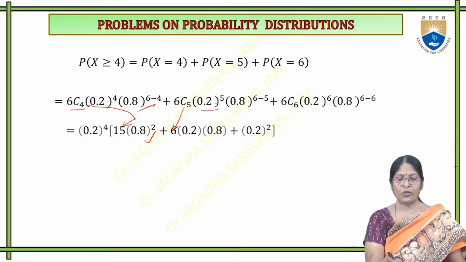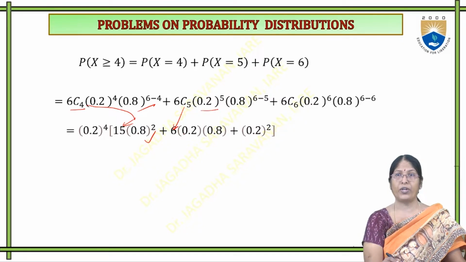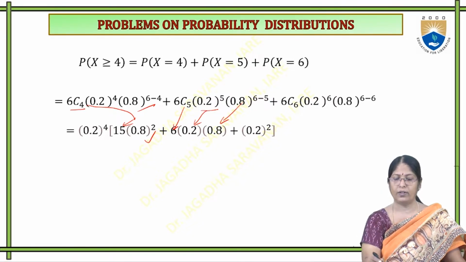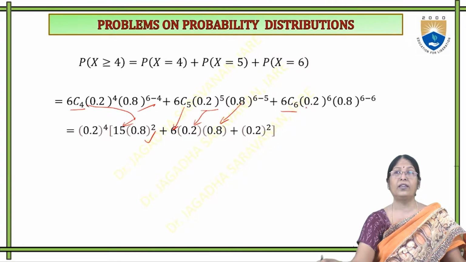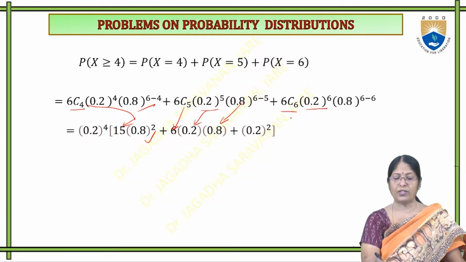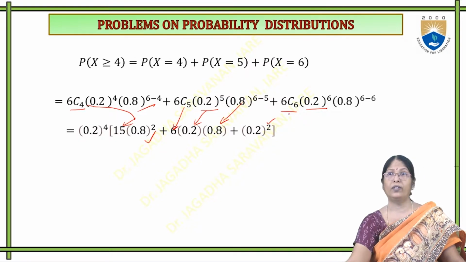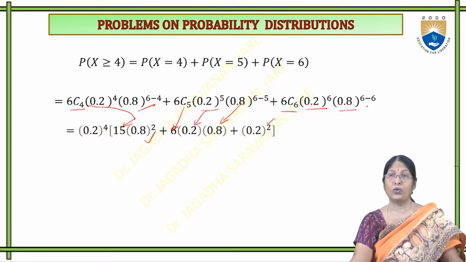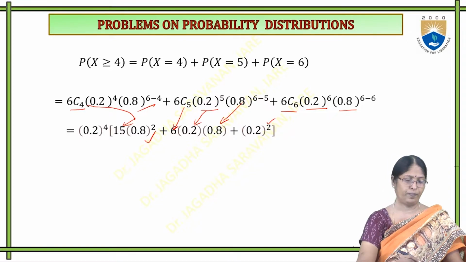Here 0.2 to the power 4 we have taken out, the balance is 0.2. Here 0.8 to the power 1. Here 6C6, the value is 1. Here the balance is 0.2 squared, because the 4 we have taken out. Here 0.8 to the power 0, the value is 1.